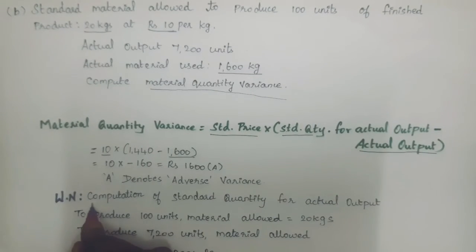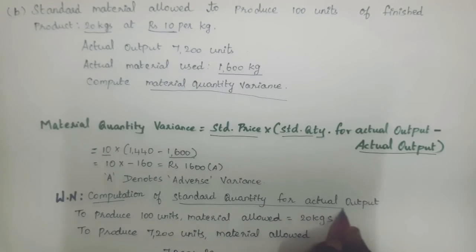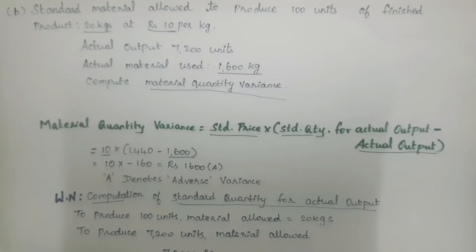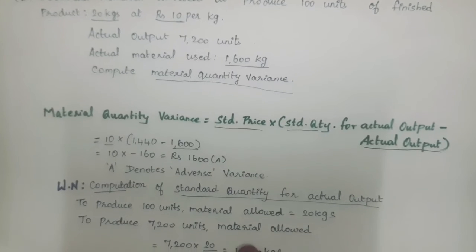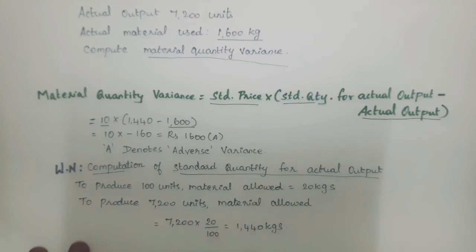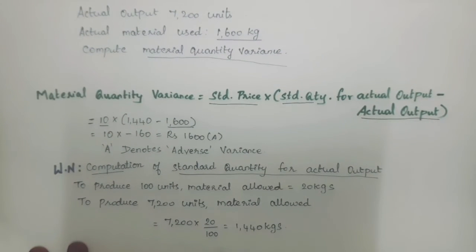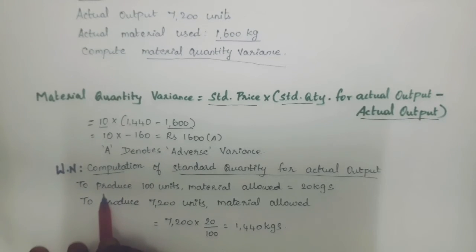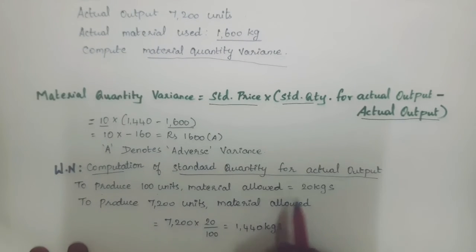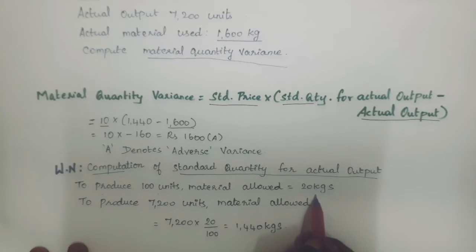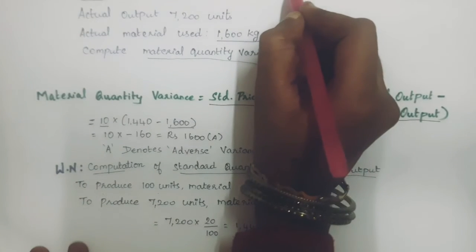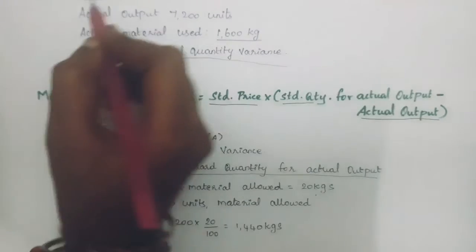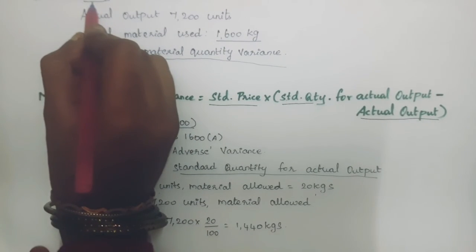So we'll just compute standard quantity for actual output. Here we have the information. To produce 100 units, the material allowed is 20 kgs.